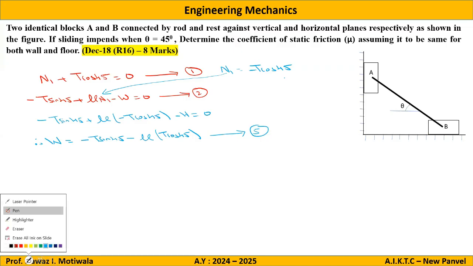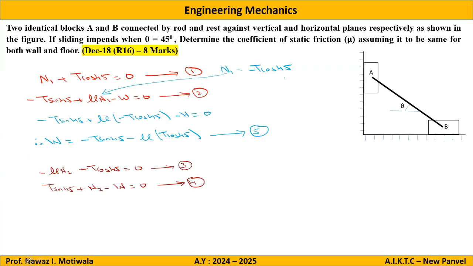Similarly, we also had equations number 3 and 4, so I will just write 3 and 4 here. Now what I will do is find the value of N2 from here. As we found N1 from this equation, I will find N2 from this equation. So I will get N2 is equal to minus T cos 45 divided by mu. And I will now substitute this N2 in this particular equation.